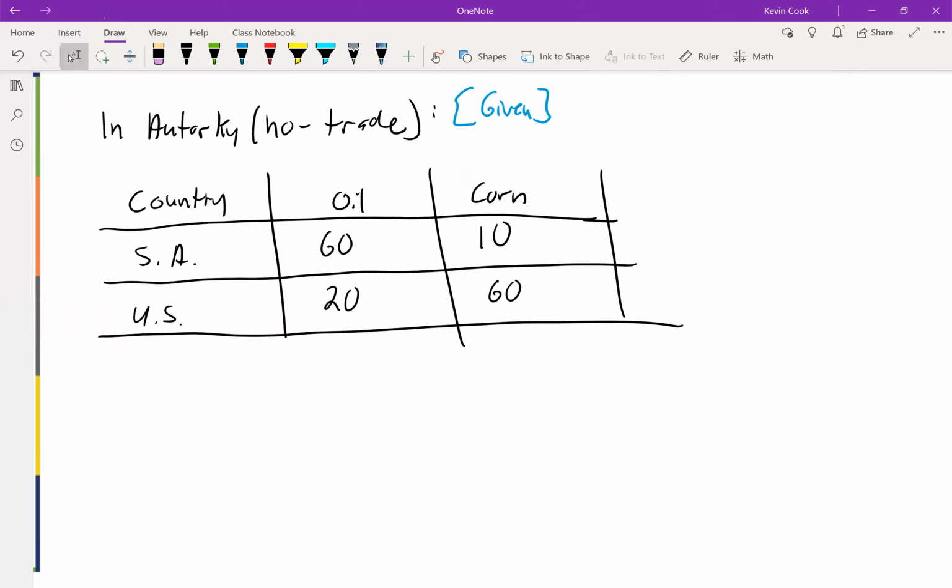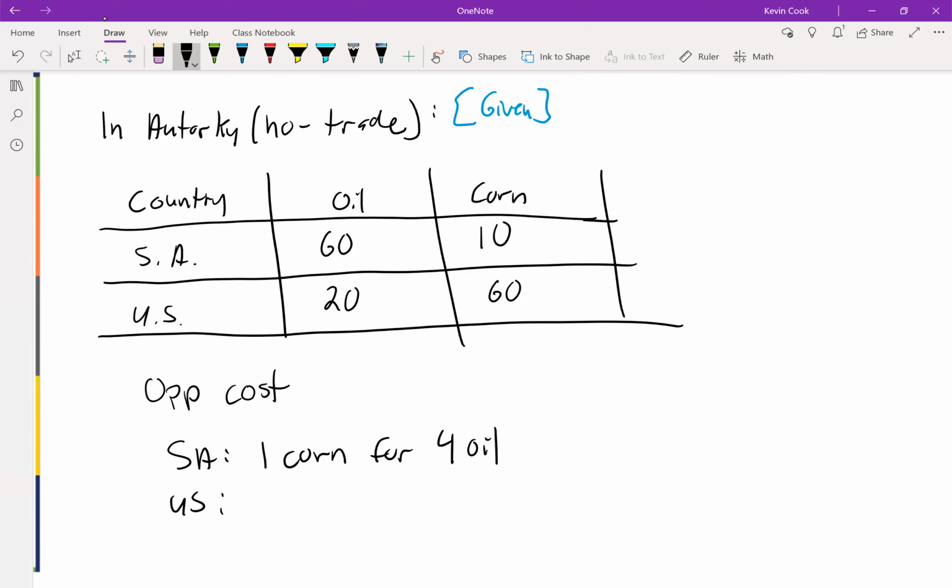Then if we remember, I'm just going to pull down really quick, we want to take another quick note of our opportunity cost. So for Saudi Arabia, it was 1 corn for 4 oil, or vice versa.